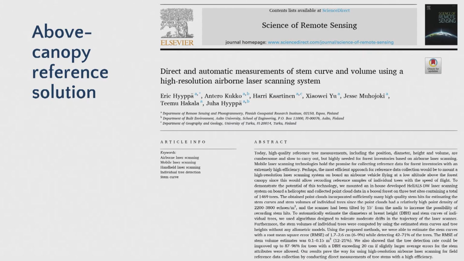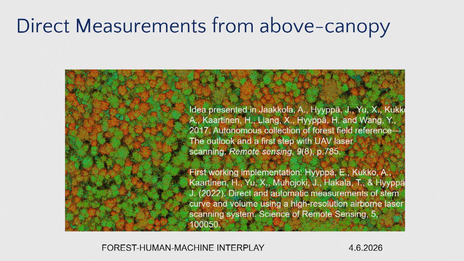What then? We thought that this still requires you to do the field work, you need to go to the field. Why don't you do it above the canopy? We already had an idea and published it in 2017 with a drone, but at that time we used Velodyne, and Velodyne has a big beam, and we didn't have the tools to correct it.